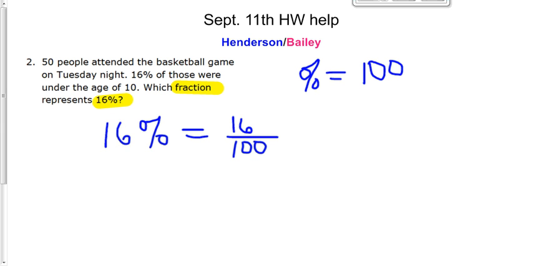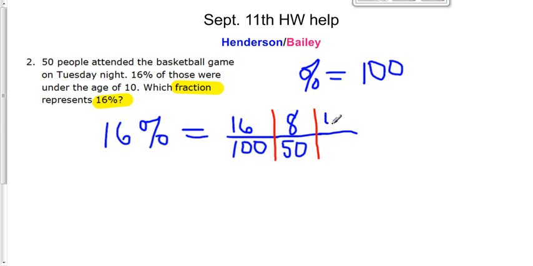16 and 100 are both even numbers. Since they are both even, you can cut them in half. So half of 16 is 8, and half of 100 is 50. Once again, those are both even numbers, so cut them in half again.